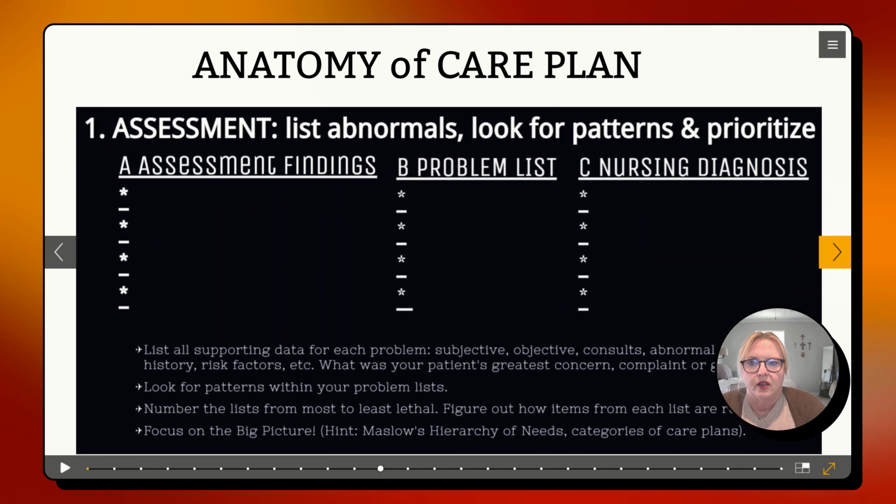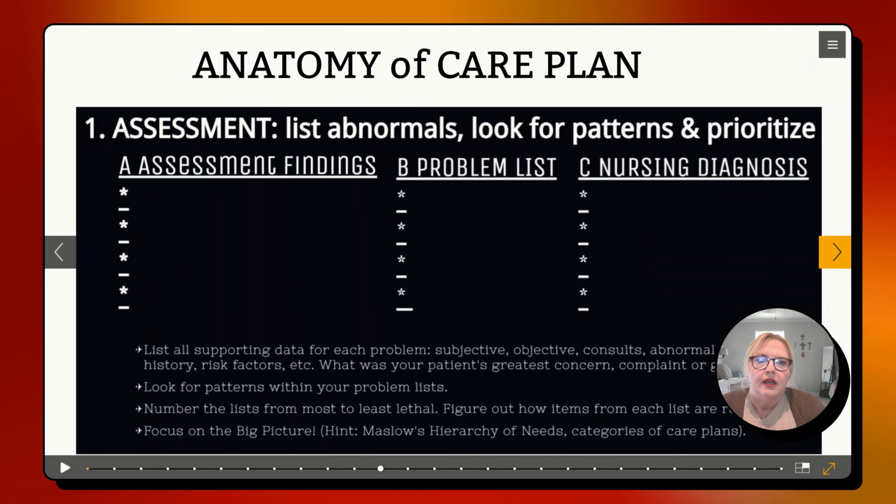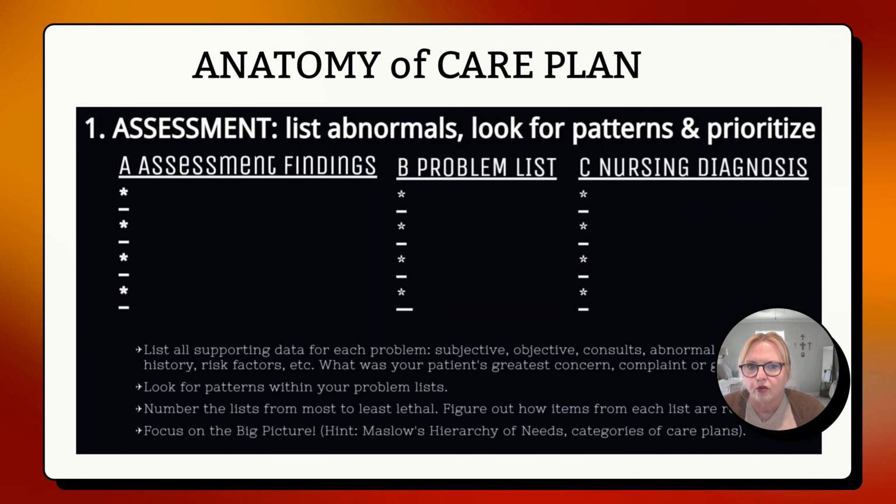With the care plan, you have the number one step, assessment. So you're looking at a list of abnormals from your history and your physical. What have you done and what did you find as far as things that the patient reported, things that you're able to observe? What are your assessment findings? And just make a laundry list. It doesn't matter at this point if they are in any particular order or not.